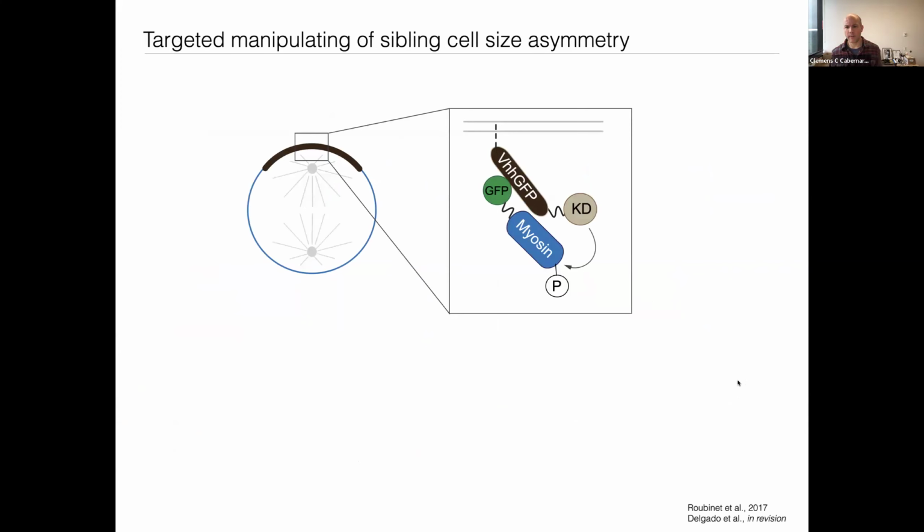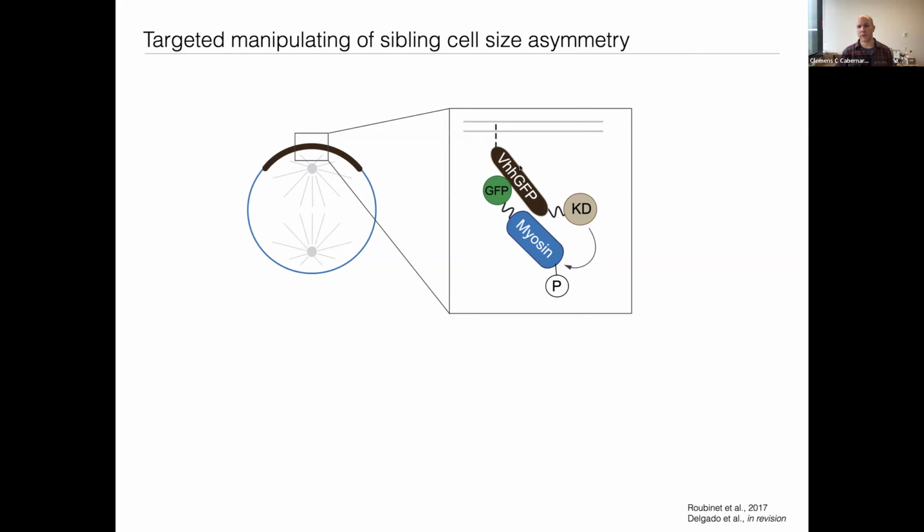So given this molecular insight we have about the regulation of this process, we developed a tool called a nanobody, which is shown here in brown, which is essentially a single chain antibody with a high affinity for GFP. On one hand, we functionalized this nanobody with a kinase domain from Rho kinase. On the other hand, we tethered the nanobody specifically to the apical side of these neuroblasts using an apical localization domain from Inscuteable.